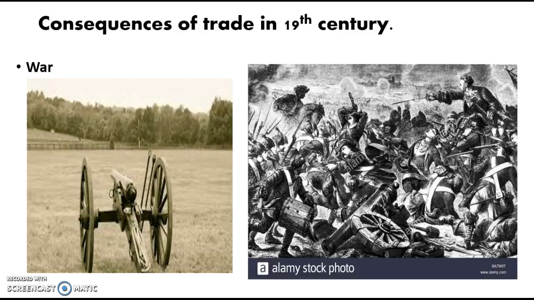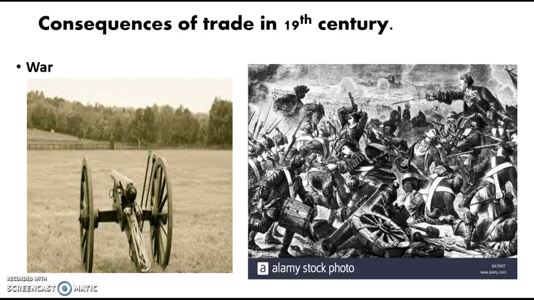So what were the consequences of the trade in the 19th century? One of the many consequences of this trade was war. As good as people might want to look at the importance of imperialism in colonizing and bringing light to other parts of the world, the negative part was that there was a lot of war, and this amassed a lot of casualties from both sides, the colonizers and the people that were being colonized.